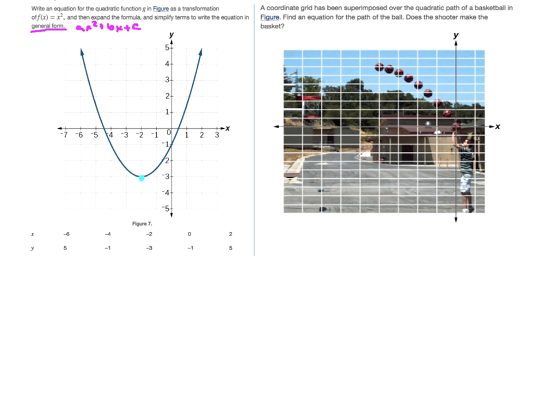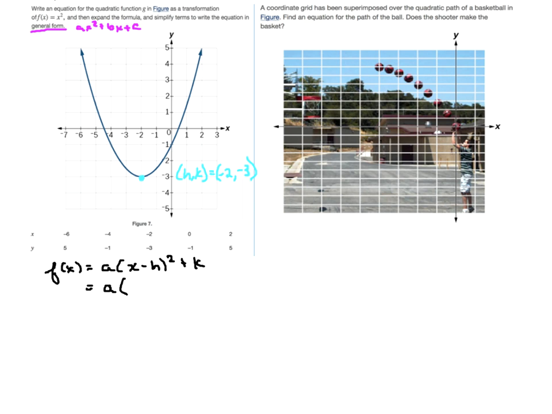And in this case, our vertex hk is equal to -2, -3. So far, okay, I'm going to start out with my form here. f of x equal to a times x minus h squared plus k. So far, here's what I know.